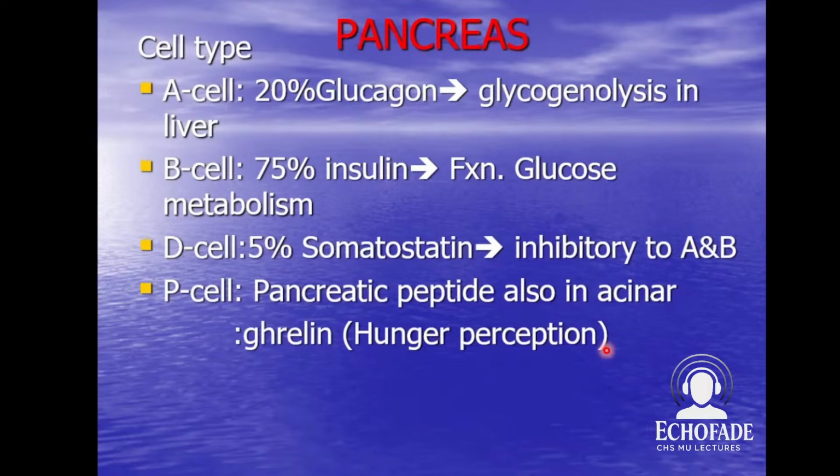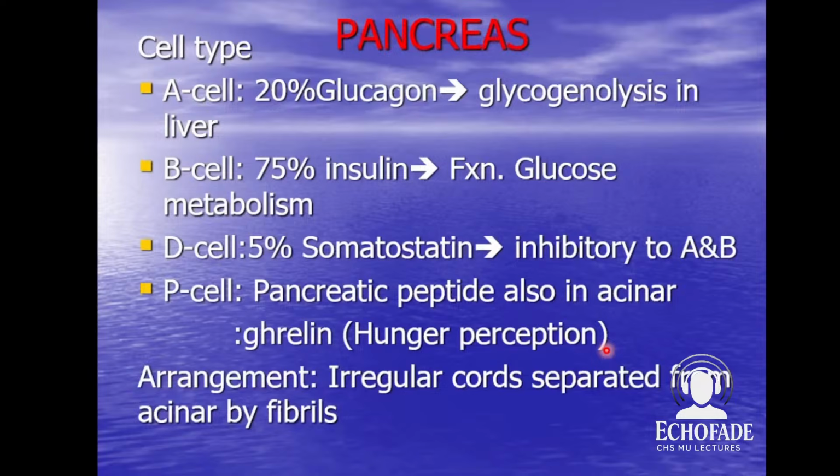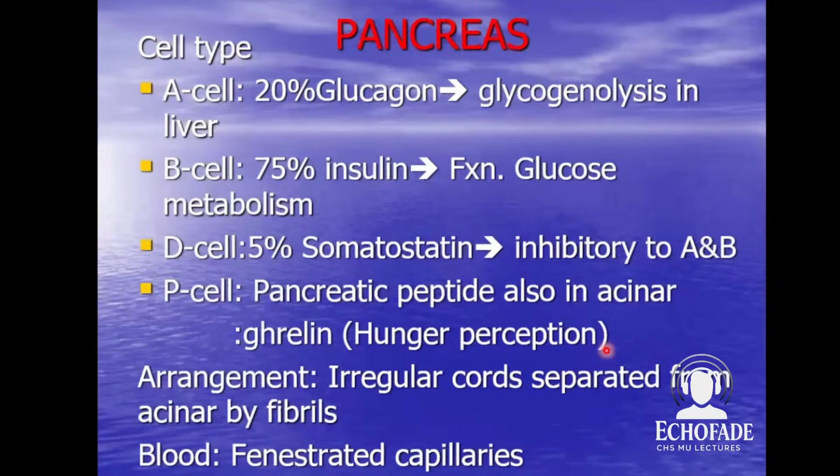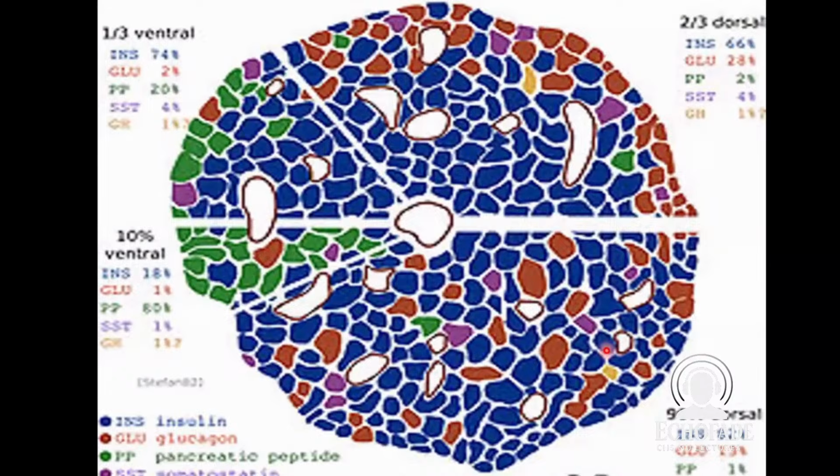Of these cells, B cells are the majority, and they occupy the central part of the islets of Langerhans. The A cells, the D cells, and the P cells are the minority. After immunostaining in man, this is how they have come about to map out the various cell types.